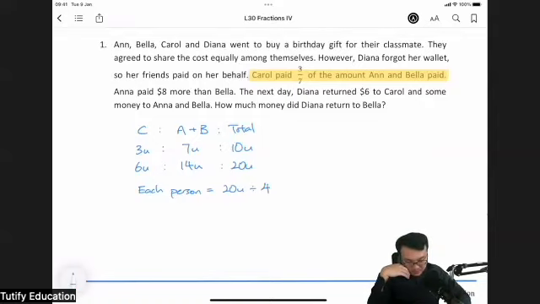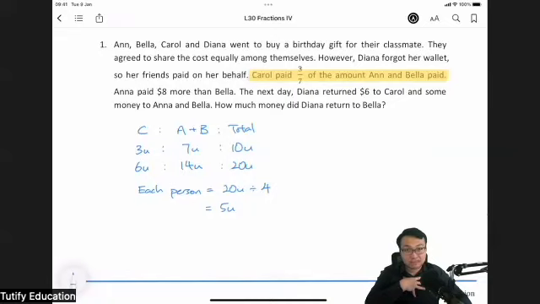Yes. So each person is supposed to pay 5 units. Yes. But Diana forgot to bring her wallet. So the other people, for now, will lend her some money to pay first. Yes or no? Yeah. But her responsibility is to pay 5 units.